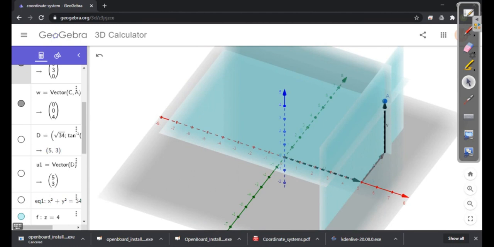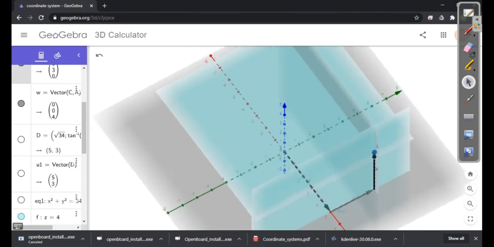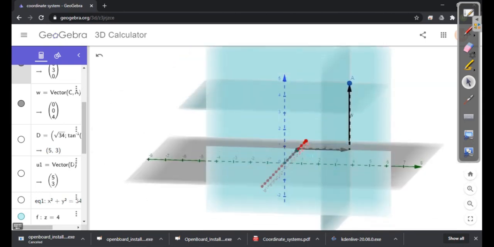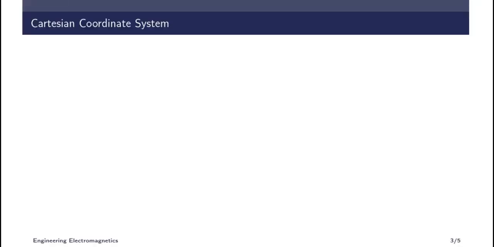So the direction is important. Along x I am moving in the ax cap direction, along y in the ay cap direction, and along z in the az cap direction. So coming back to the Cartesian coordinate system, I need three parameters: x, y, z.